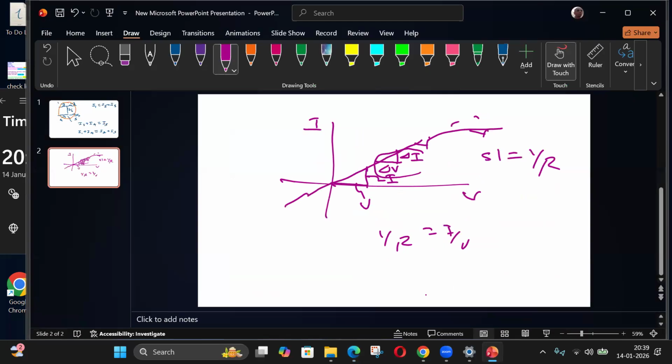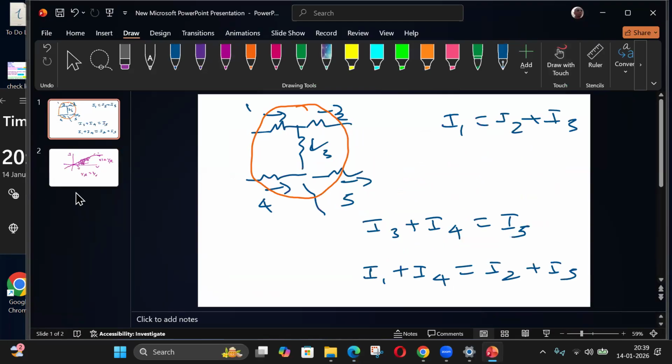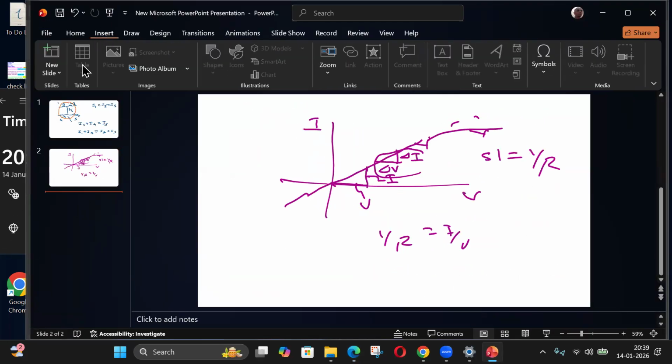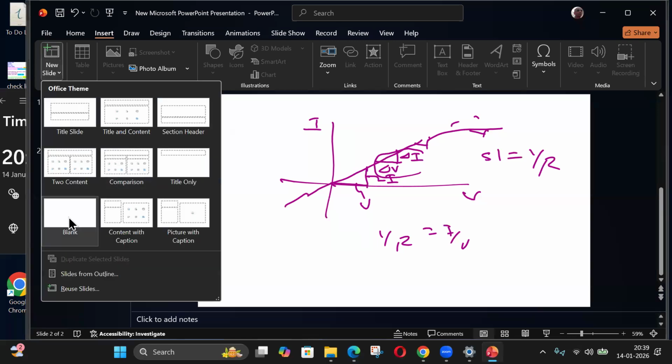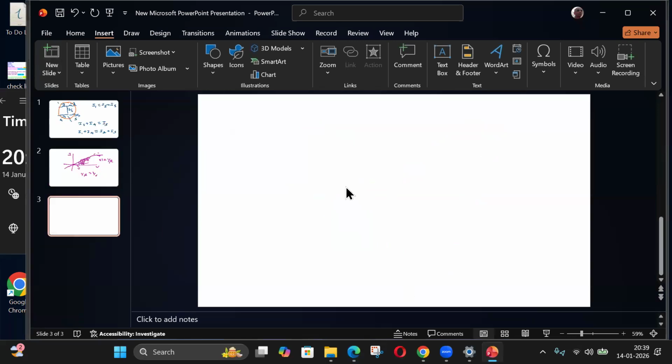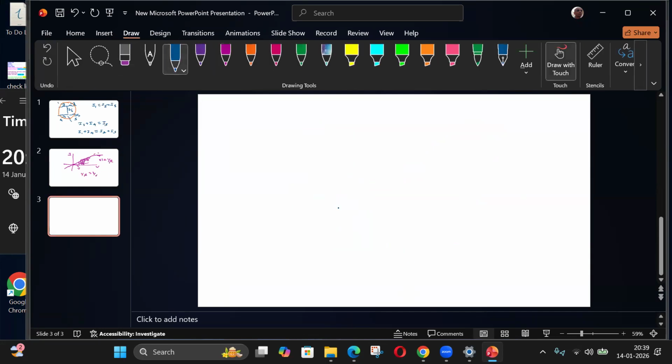If you have two variables, I can plot one of them here and the second one here, and I'll get one curve for some parameter value P1.